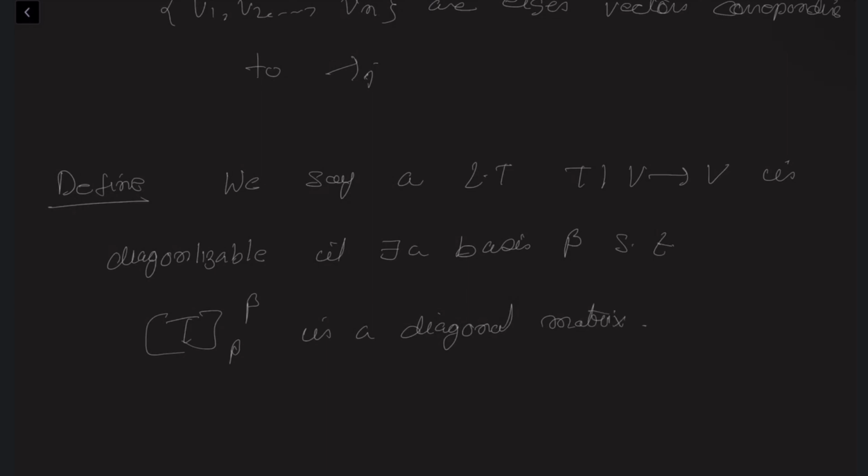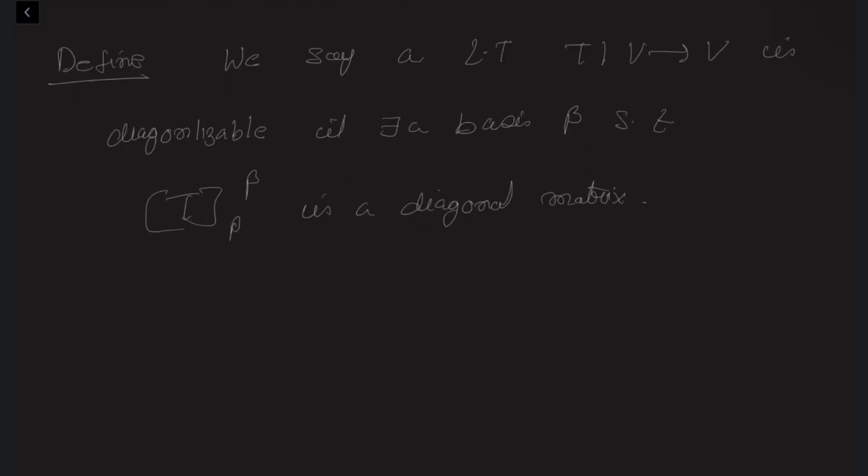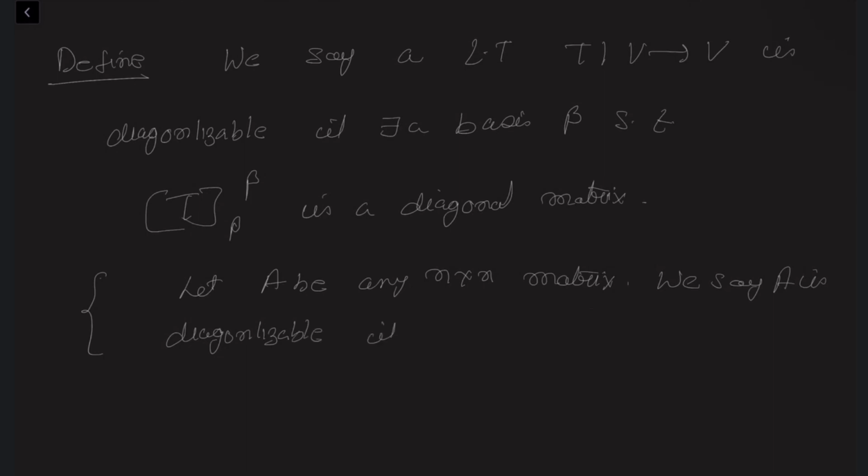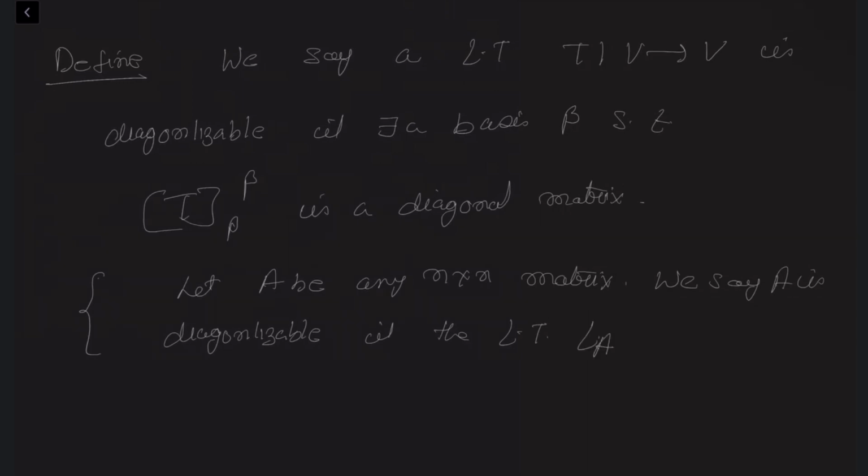And similarly, this is one way, and the other way, I'm just going to write it: let A be an n cross n matrix. So we say A is diagonalizable if the linear transformation L of A is diagonalizable.